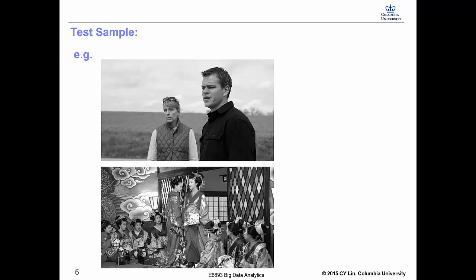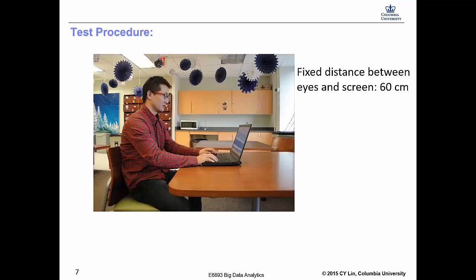The upper one is less in details, and the one below is rich in details. And this is the image about the test procedure, and we can see that the eyes and screen distance is fixed at 60 centimeters.